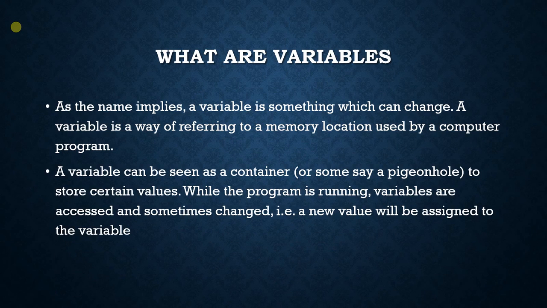Variables can be assumed as a container. That means it can store something. And the best part about variables is that its value can be changed during the program. It can be accessed anytime and its values can be changed. As the name suggests, variables are something whose values can be changed.